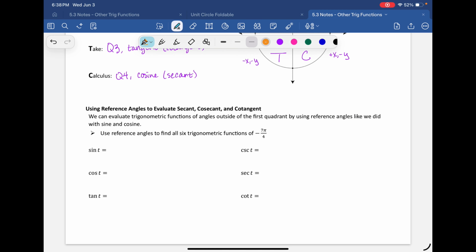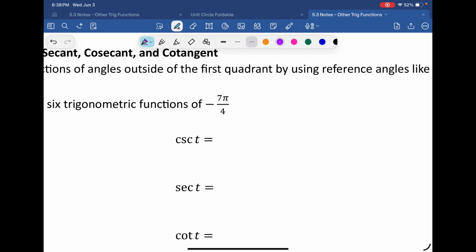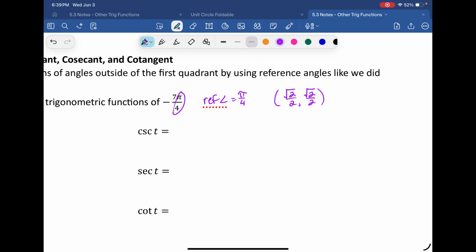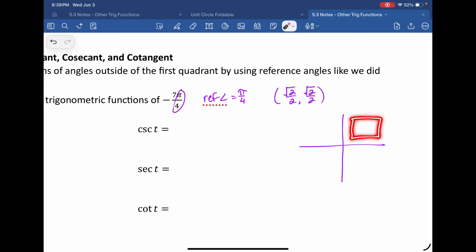Okay, so use reference angles to find all 6 trig functions of negative 7 pi over 4. So the first thing I want is the reference angle. The reference angle is pi over 4. So I know that the ordered pair to start with is root 2 over 2, root 2 over 2. 7 pi over 4, negative 7 pi over 4, however. All right, so if you remember, when the angle was positive, it was pi over 4.